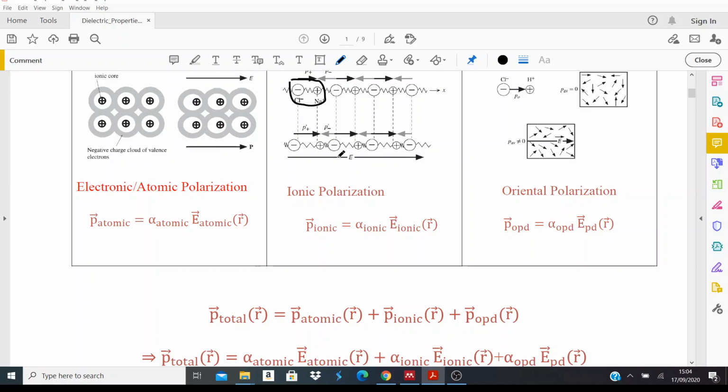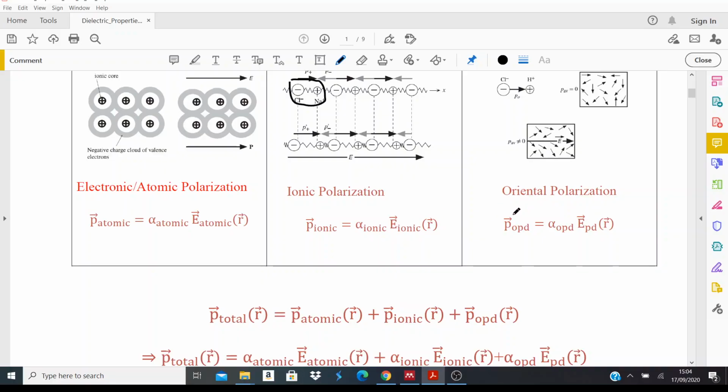This is not the external electric field, which is macroscopic, rather the field experienced by these ions. And because the distance between these two ions is so small, we assume that both of them feel the same electric field, which is E ionic.